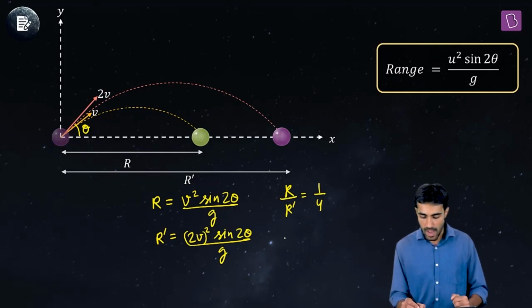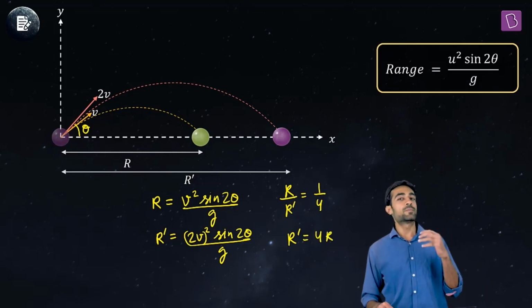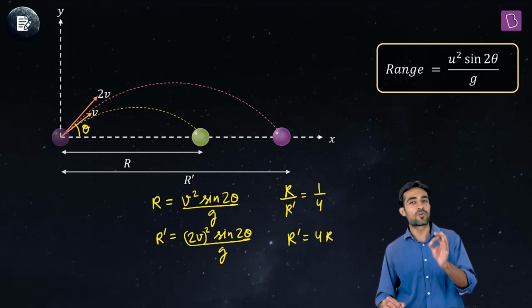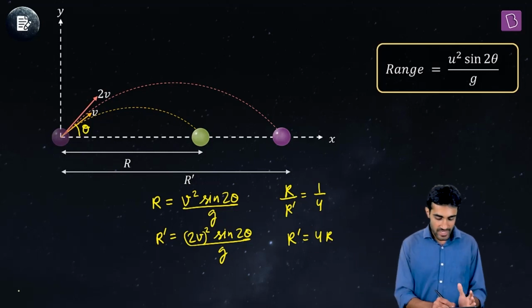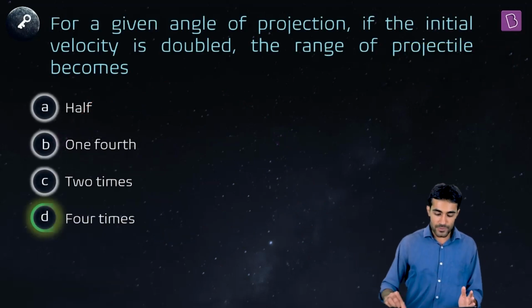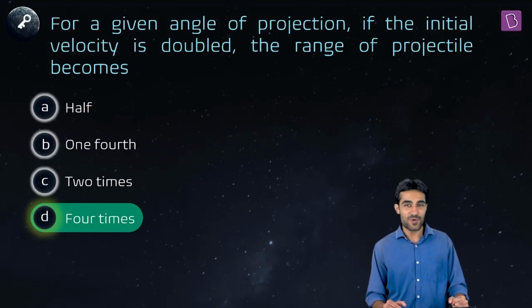And you know, r dash is coming out to be equal to 4 times r. So range will become 4 times if you double the initial velocity, keeping the angle of projection same. Range will become 4 times. Now let's see the option. Option D, 4 times, is the right answer for this question.